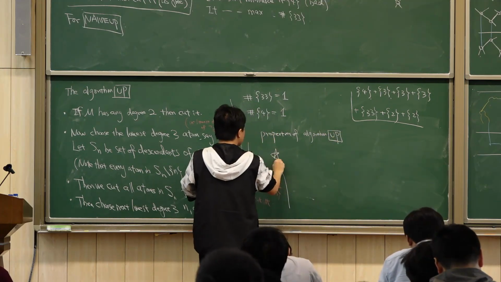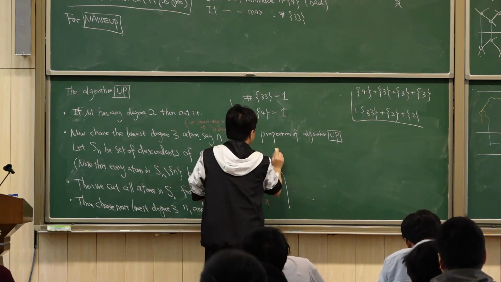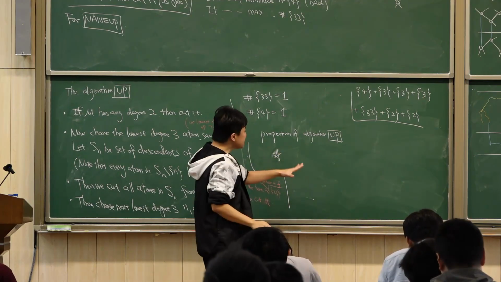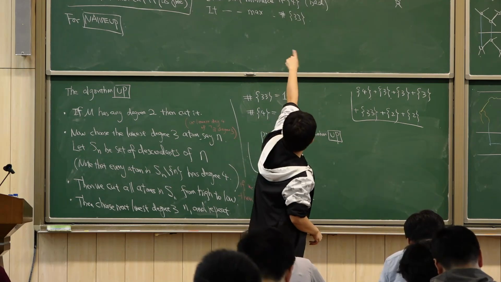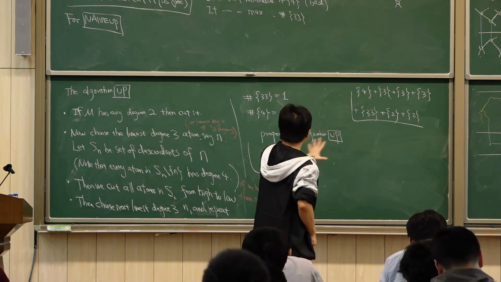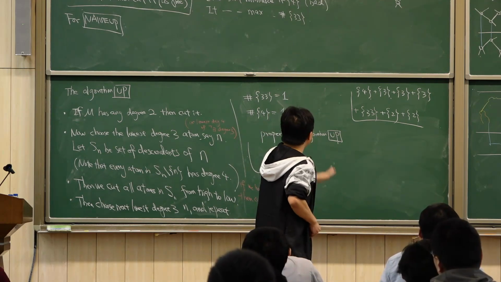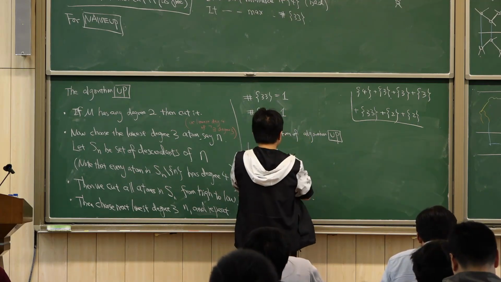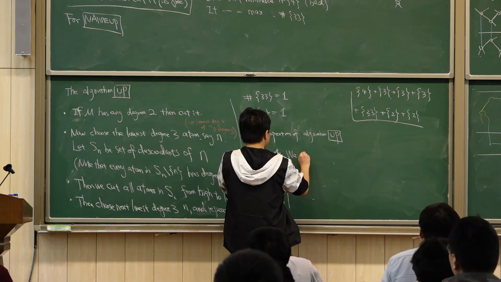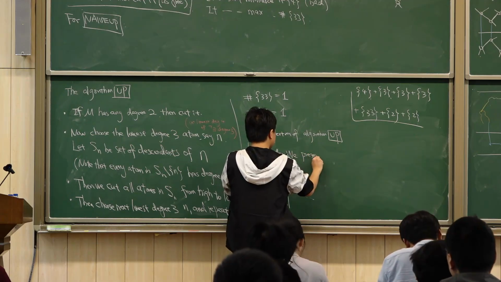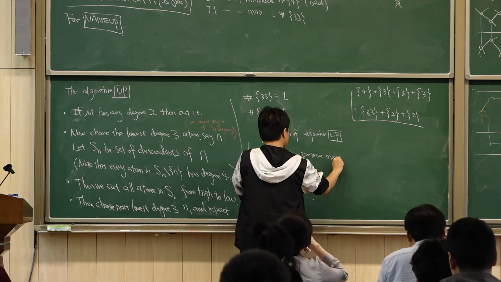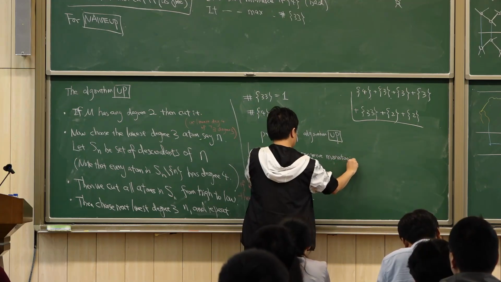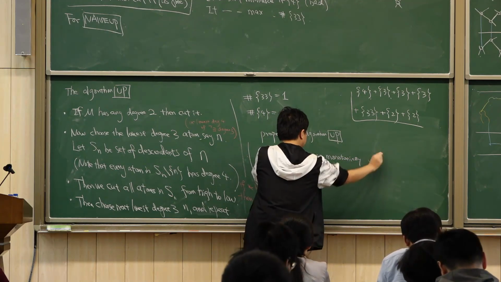Remember our three goals: we want to preserve monotonicity, that is, we want to avoid these bad degree 2s; we want to minimize the number of degree 4s; and we want to maximize the number of 3 components. So what happens here is that we preserve monotonicity, which is good.